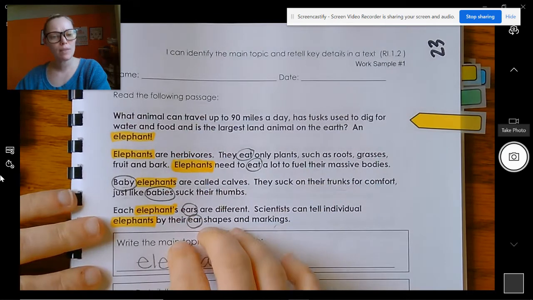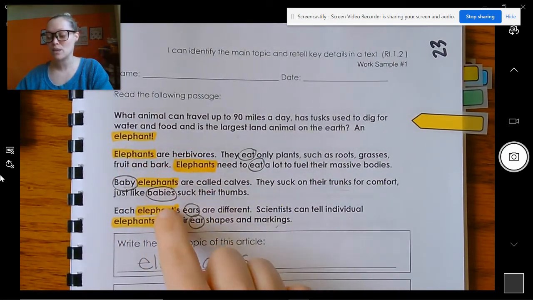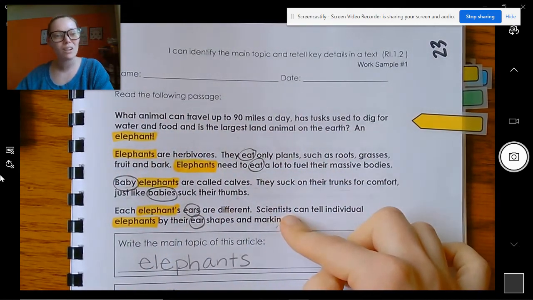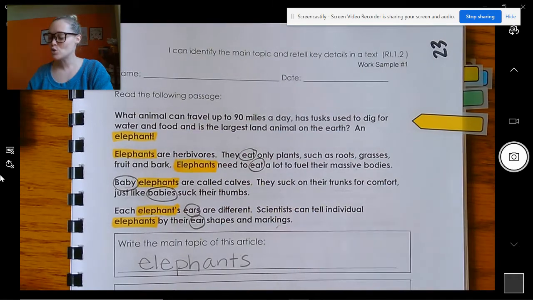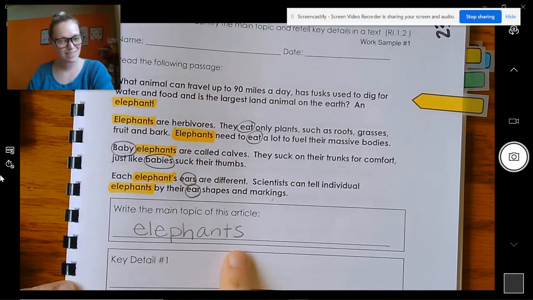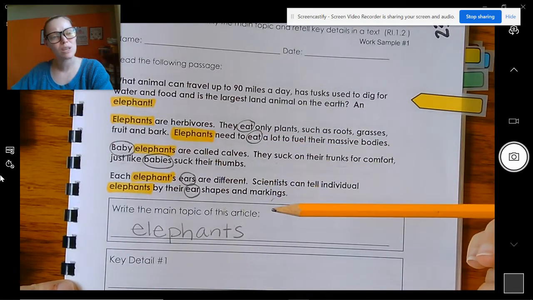So we went through, we read this a few times, and we noticed that elephant was repeated over and over again. All of these facts were all about elephants. So we wrote down that our main topic of this article was elephants. We also went through and circled some other words that we noticed repeat.